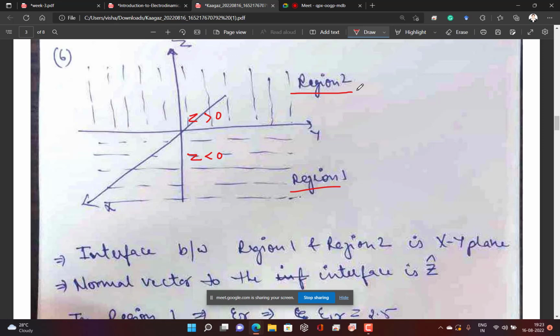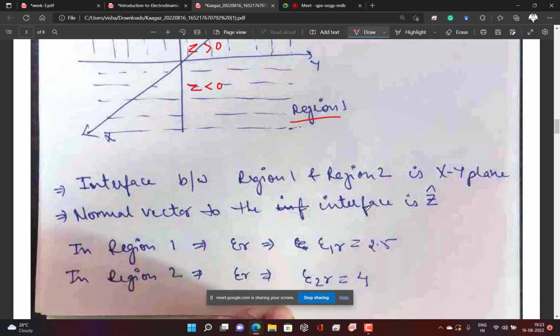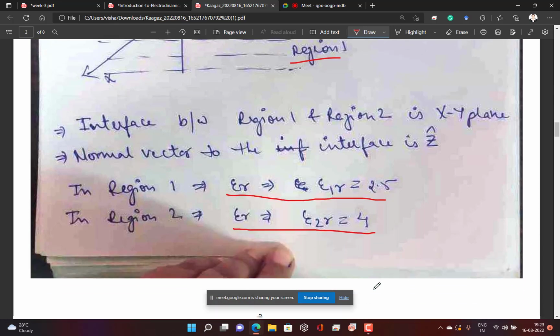So the normal vector to the interface will be along Z. It is given that in region 1 epsilon 1 r is equal to 2.5, and for region 2 epsilon 2 r is equal to 4.